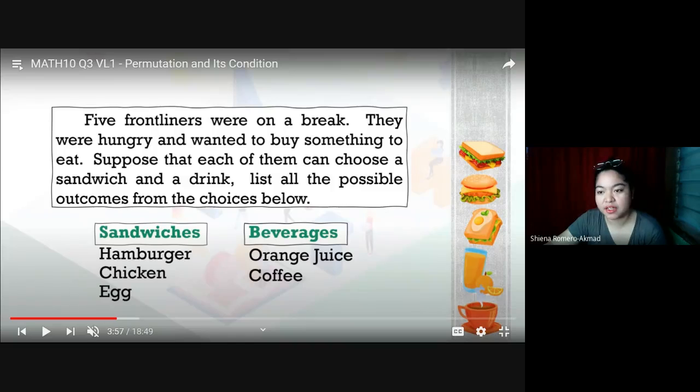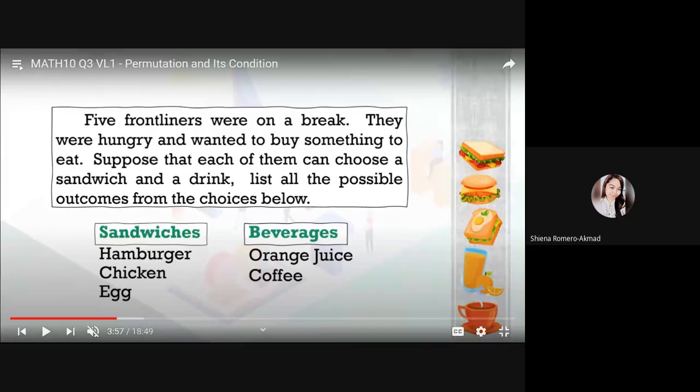Hello? Are we still there? Guerrero, nandiyan pa ba kayo? Paki-turn on yung mic, magsalita kung nandiyan pa kayo. Para ma-check ko kung sino yung wala dyan. Ma'am. Oh, nagsalita ni Dolid, si Manugid. How about others? Ma'am. Nabusa, Ma'am.